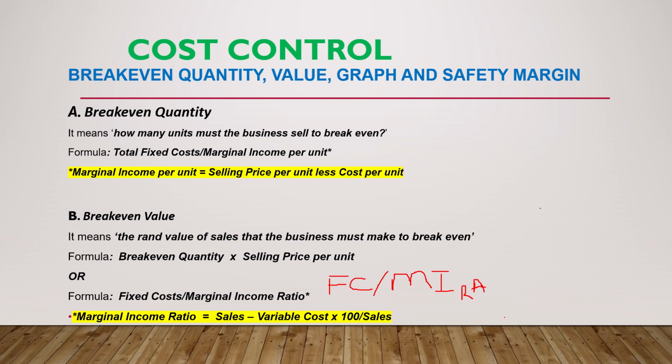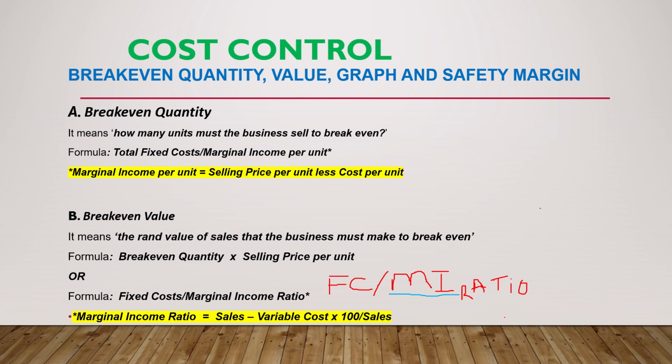A ratio is a percentage, most guys, I think, right? So this is the formula: your fixed cost divided by marginal income ratio. Most of the time they don't give you the ratio. You have to calculate the marginal income ratio.